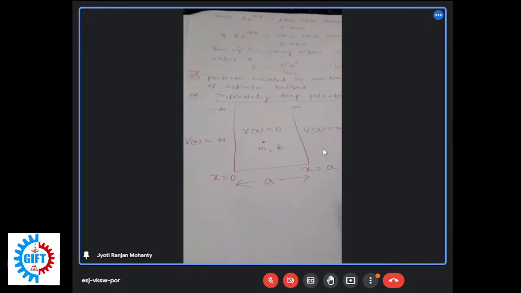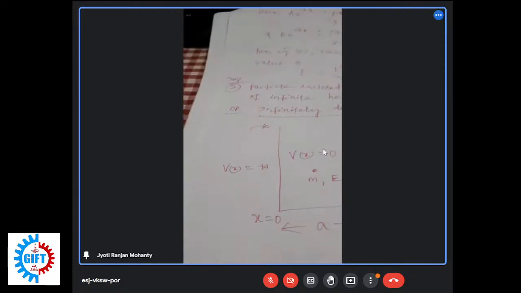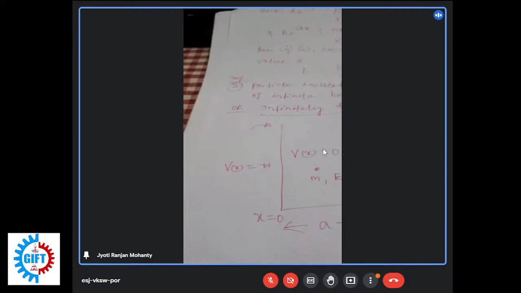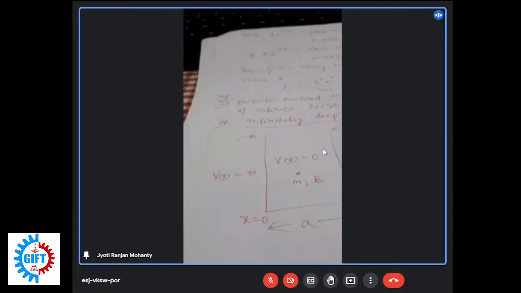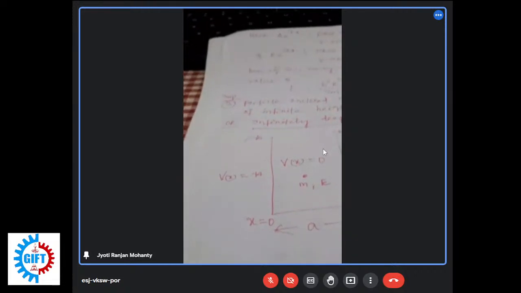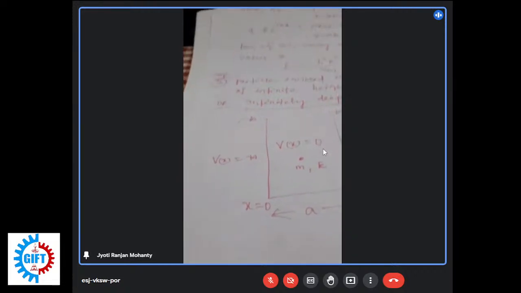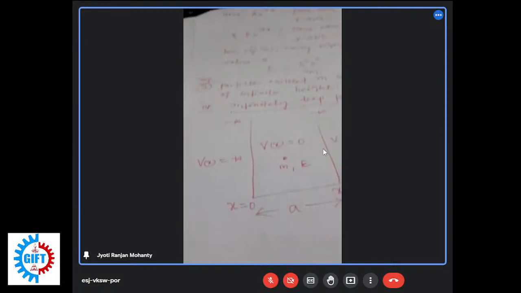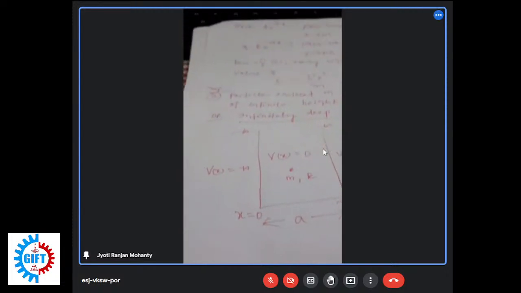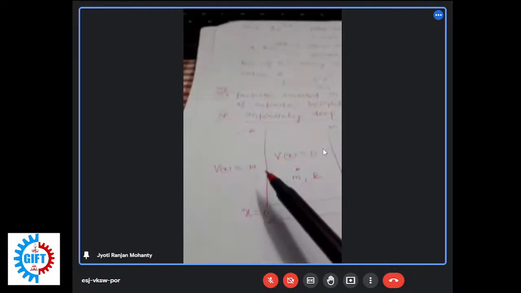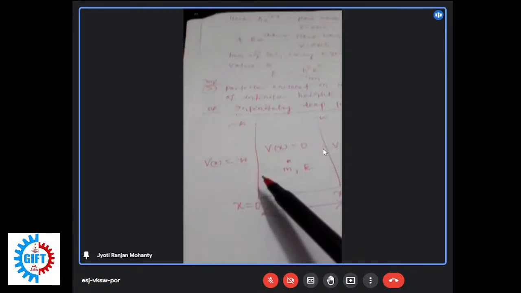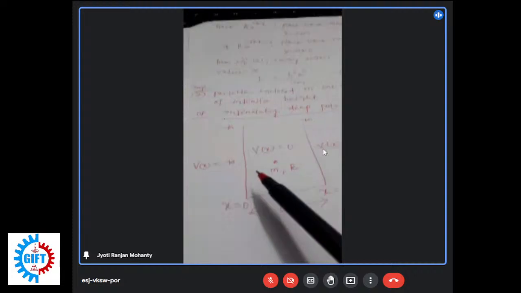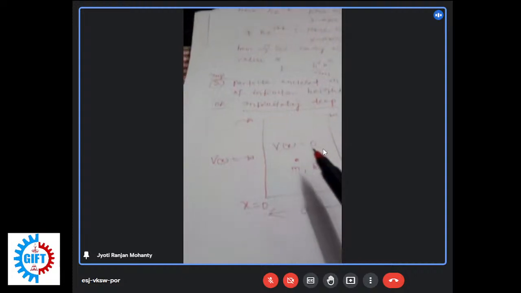Okay. So look here. Our heading is particle enclosed in a one-dimensional potential box of infinite height. What is the meaning of this line? One particle is kept inside one box, and that box is one dimensional and the height is infinite.